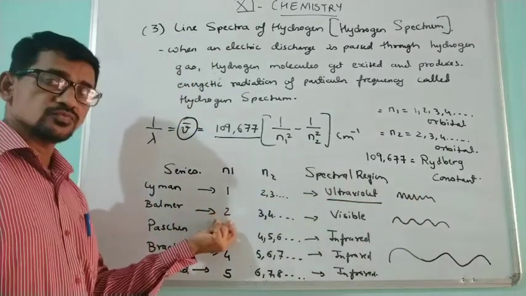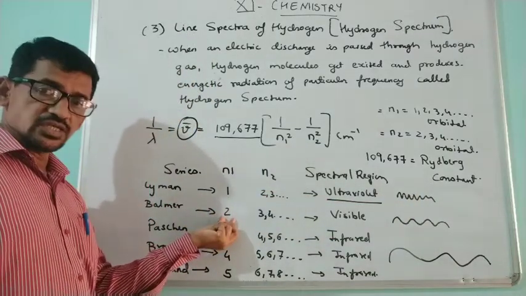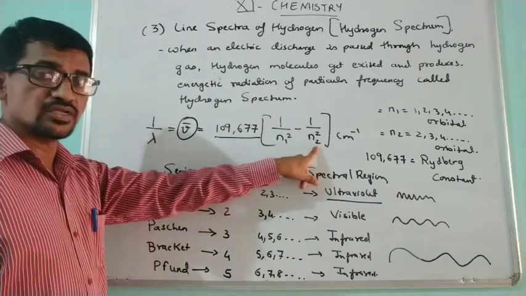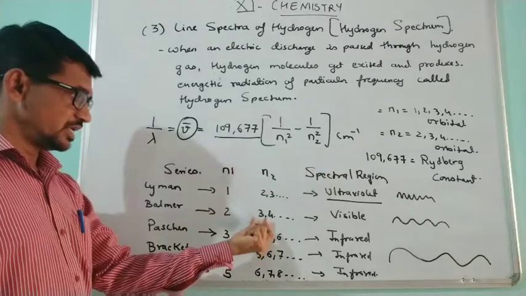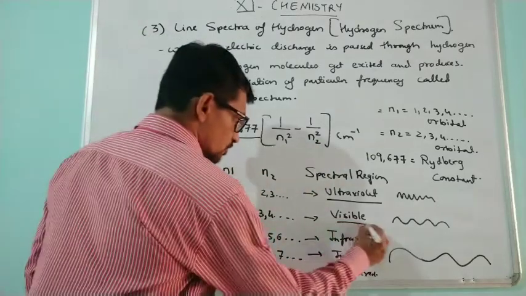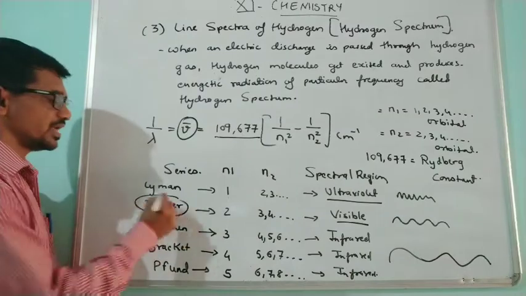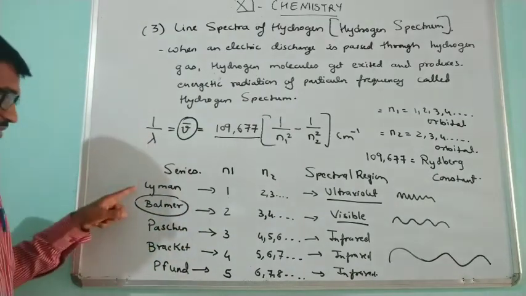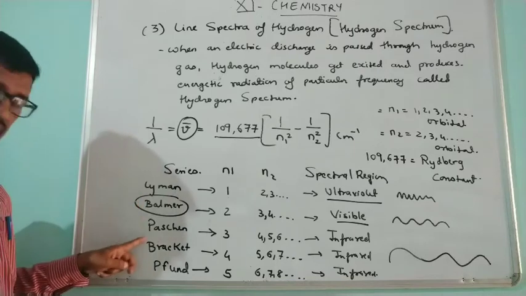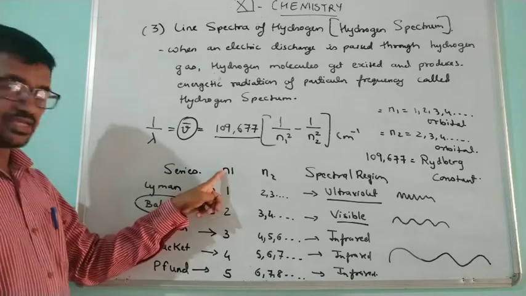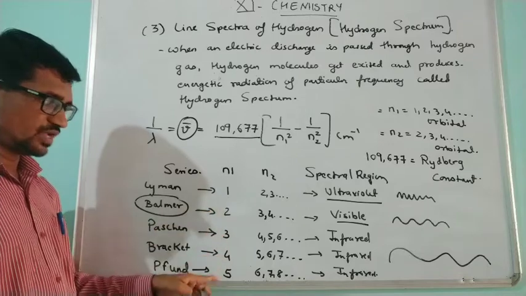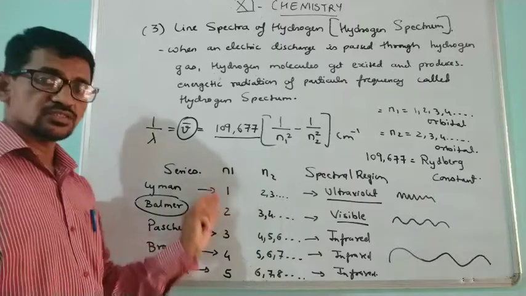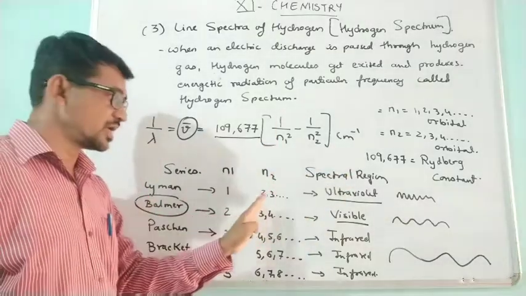Second, when it drops to the second state, ni is equal to 2 and nf is 3, 4, 5 onwards, then it comes to the visible region, and that series is known as the Balmer series. So five series are observed: Lyman, Balmer, Paschen, Brackett and Pfund, where ni is equal to 1, 2, 3, 4 and 5 respectively. nf is one step or more than one step higher.